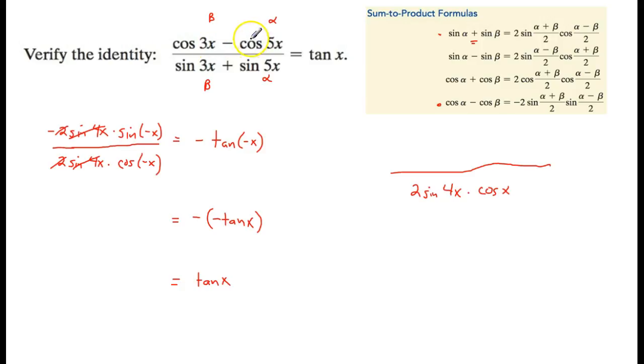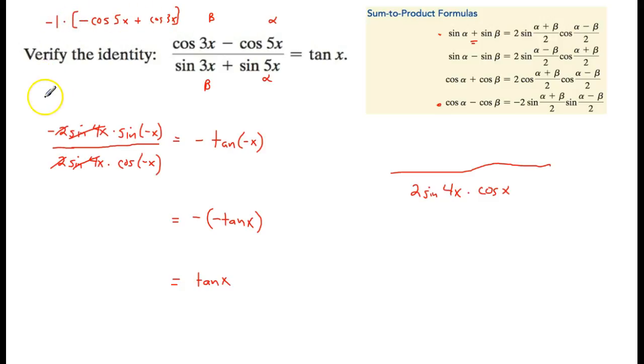When I switch this around, this was in front. Okay, if I'm switching it around, calling this alpha, I'm moving it. I'm writing negative cosine 5x plus the cosine of 3x. All right, I'm switching it around to make this lead off. Okay, but I don't have one that leads with a negative. So what do I do? I'm going to multiply by negative 1.